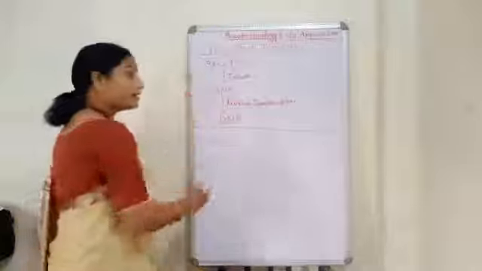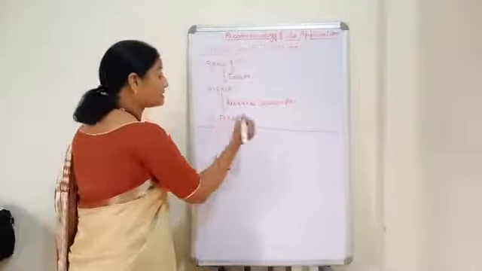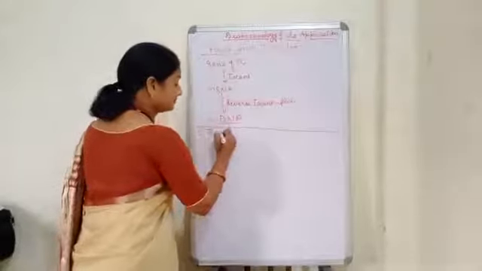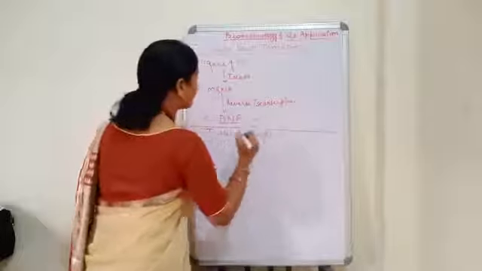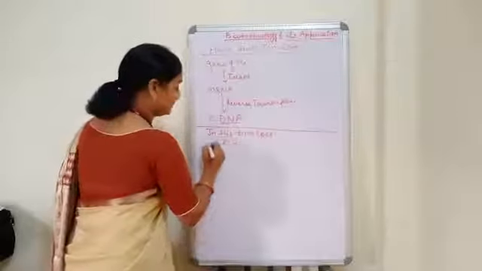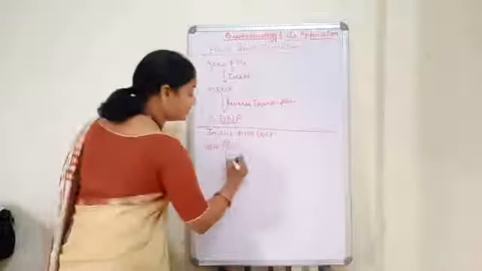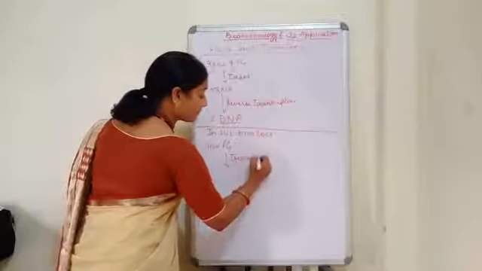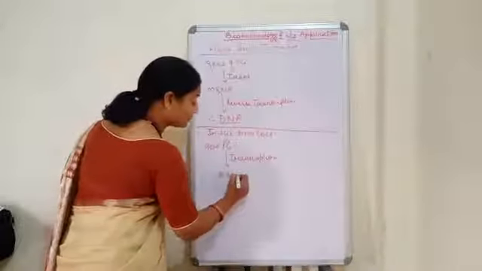Now come to the normal process. What will happen in the normal process in the tomatoes? The gene PG will undergo normal transcription and form mRNA.